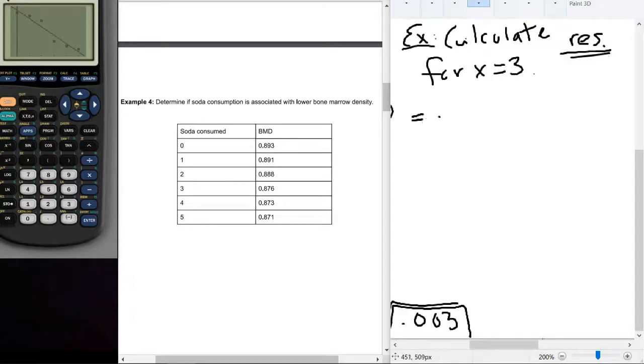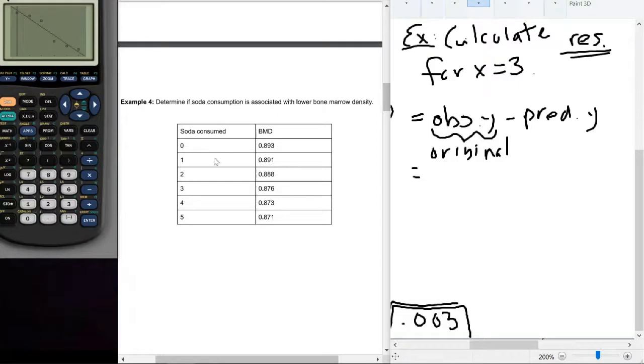Residual is equal to observed y minus predicted y. Okay. And the observed y, once again, this comes from the original data. You went out there as a researcher to gather this data here, and for 3 sodas consumed, what did we observe? 0.876.